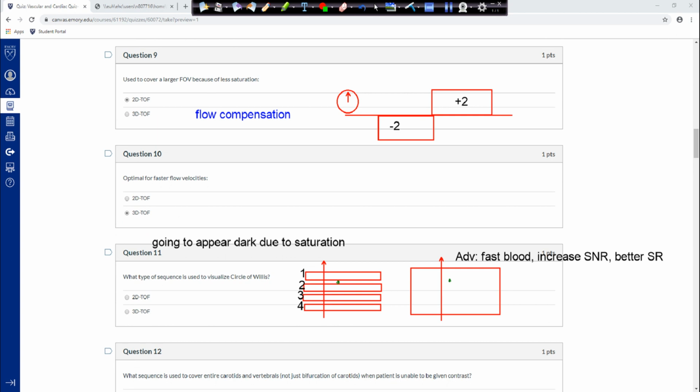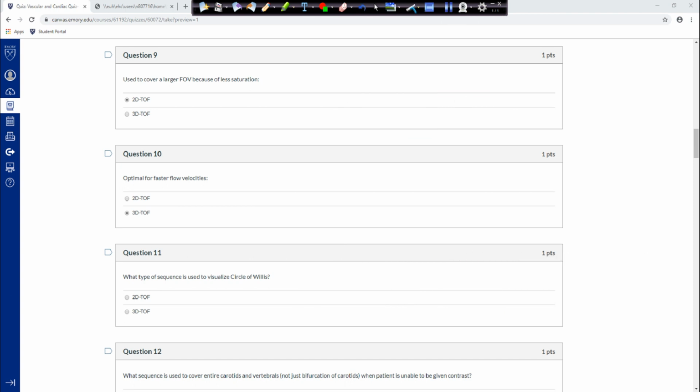You can see here how if we have really fast blood flow, we're going to be able to excite it and rephase it before it's left the slab, as opposed to if it's just excited and then it's already left the slice. See how much thinner a slice is compared to a slab, but remember, a slab can create thinner slices as a whole. It's just that you can cover a larger area, or excite a larger area.